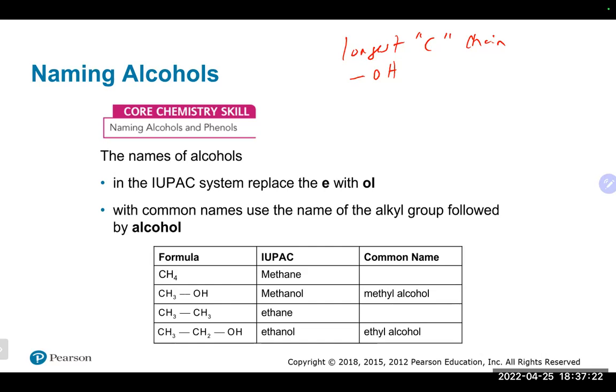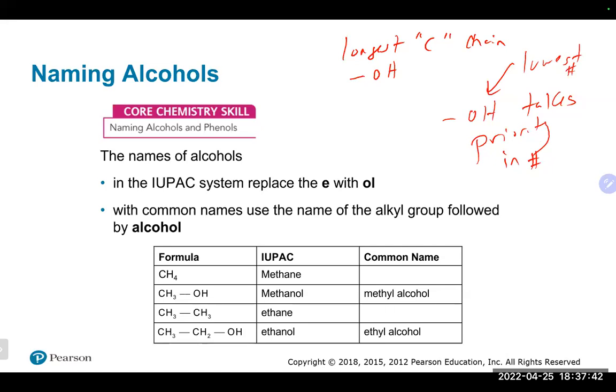The important part, though, is it is the OH group that takes the priority in terms of numbering. So we always want to give the OH group the lowest number.